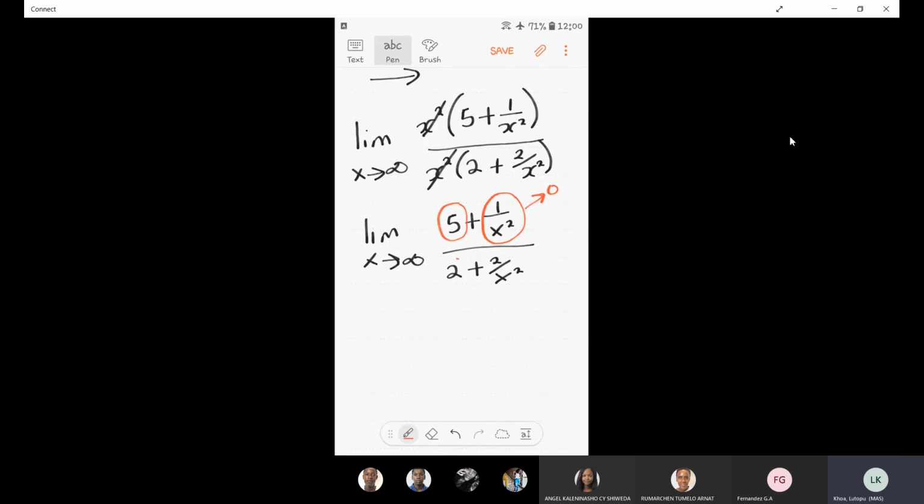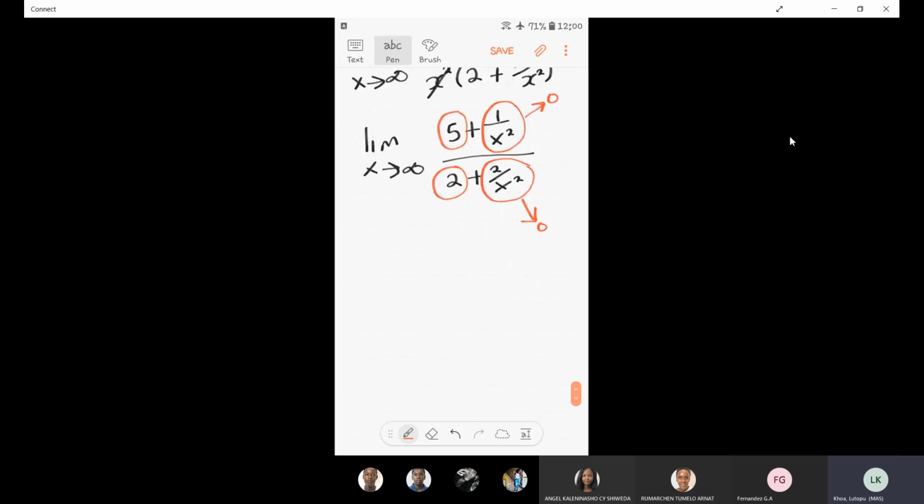Now in the denominator, whether x is getting bigger or not doesn't affect the 2, so it'll remain the way it is. And then this one over here, when x is getting bigger and bigger, goes towards 0. Okay, so what is happening when x is getting bigger and bigger?